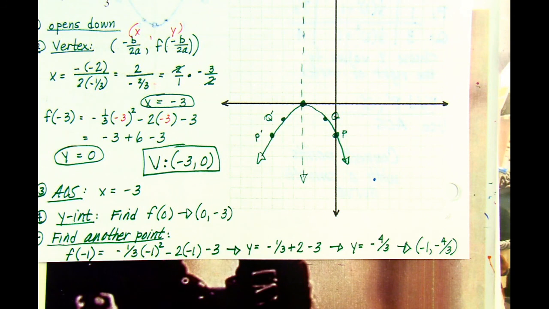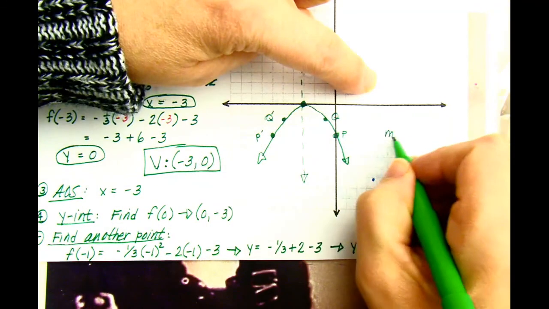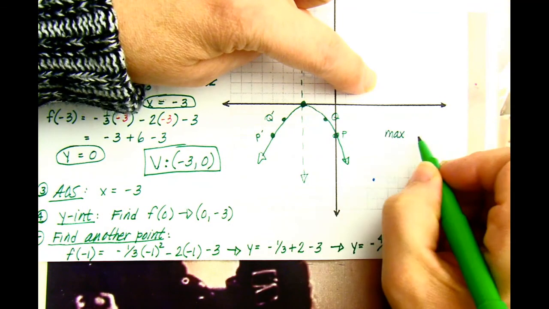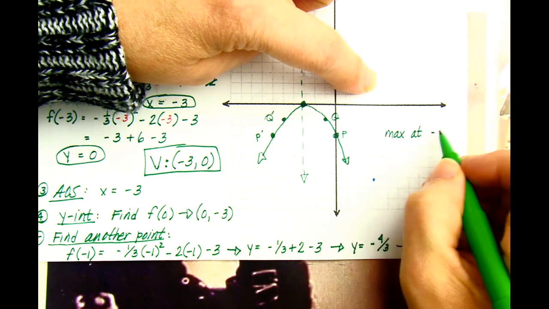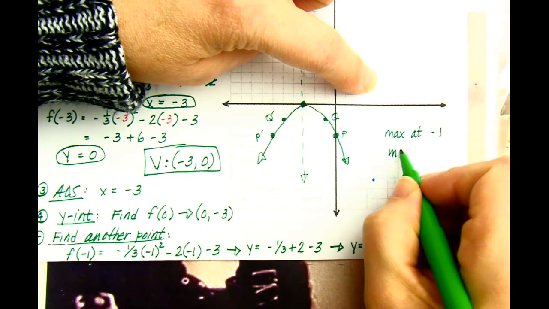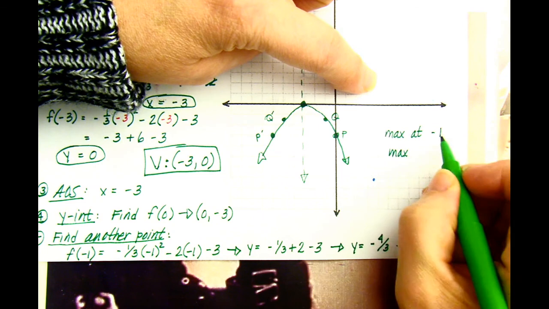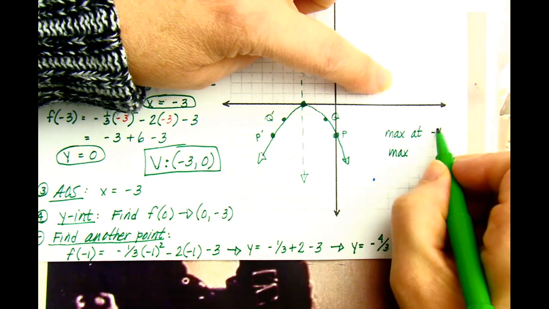You know, you could label your vertex on the actual graph if you wanted to. We should talk about a max and a min, though. Does this have a max or a min? It has a max. The max is happening at what x value? -1. Oh, not -1, -3, sorry.